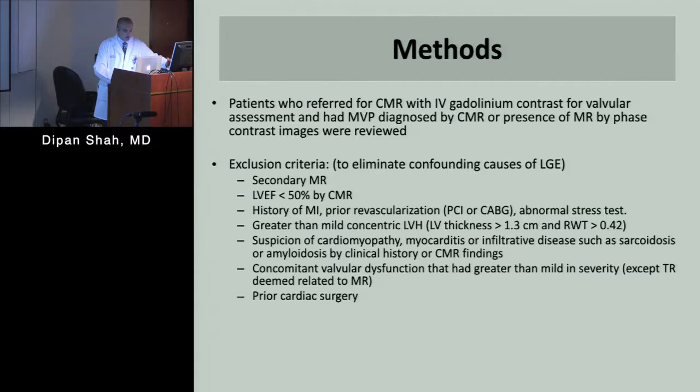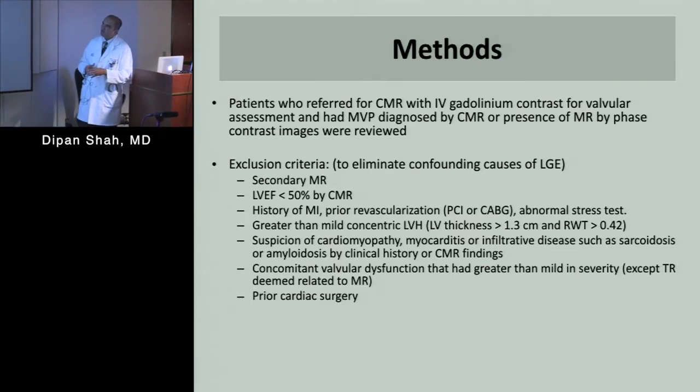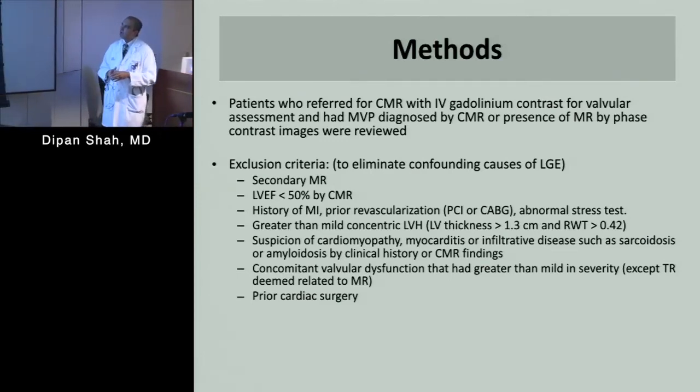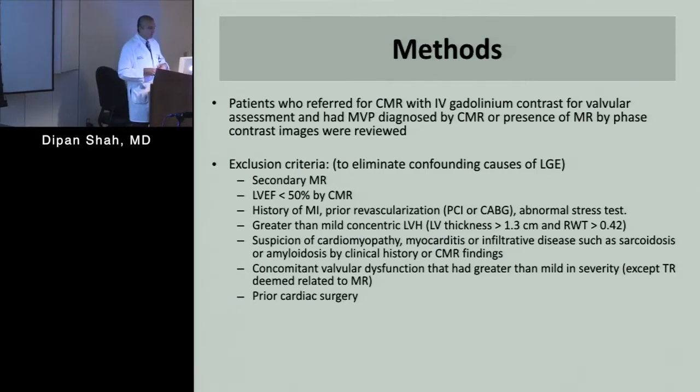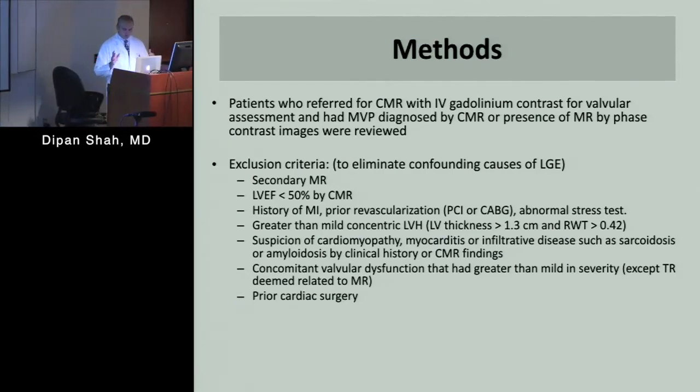And so for this analysis, and this was one of our former fellows that worked on this, we said, let's look at patients that we imaged who are coming in for assessment of mitral valve disease. We wanted to exclude confounding causes of myocardial fibrosis or late gadolinium enhancement. So secondary MR we excluded.